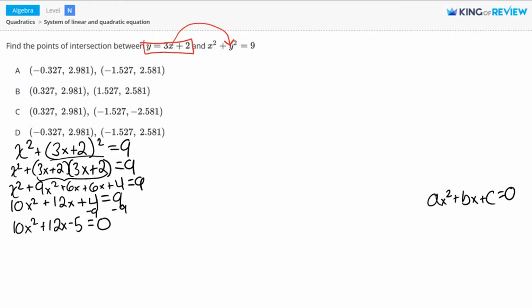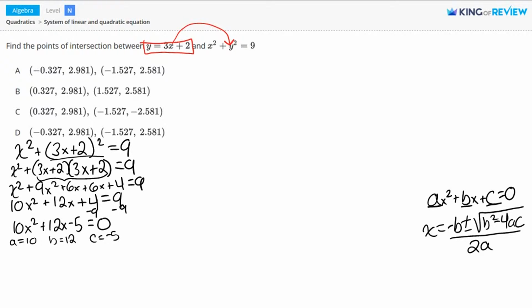The quadratic equation is x equals negative b plus or minus the square root of b squared minus 4ac, and this is all divided by 2a. The a, b, and c values come from these numbers here in the equation. So on our equation, a equals 10, b equals 12, and c equals negative 5.